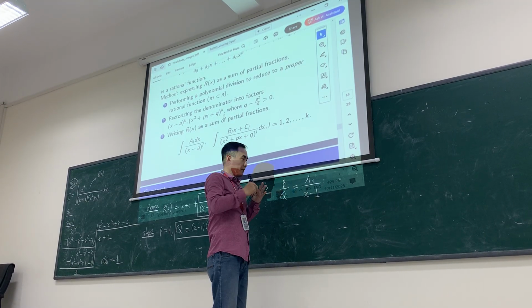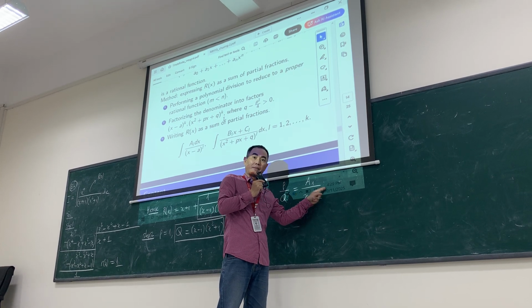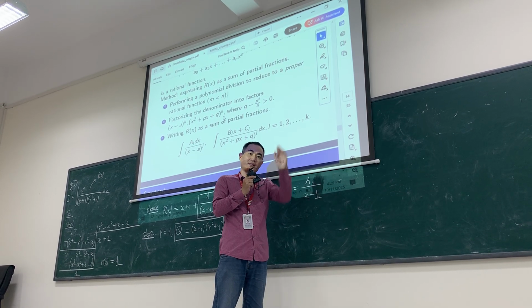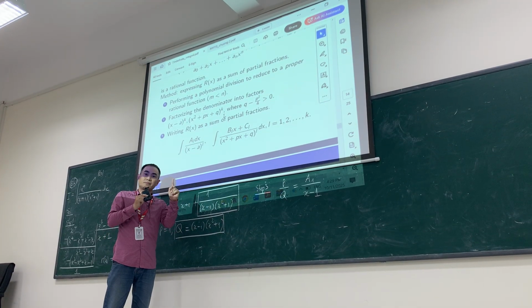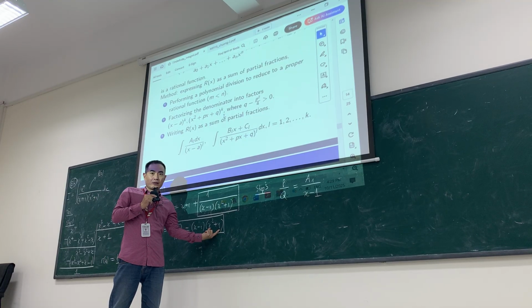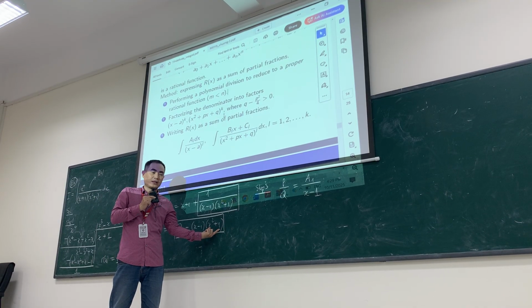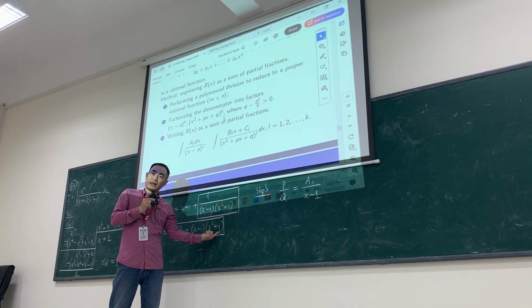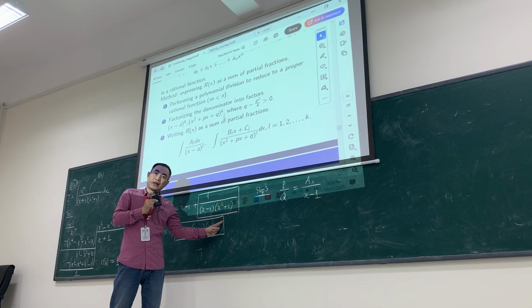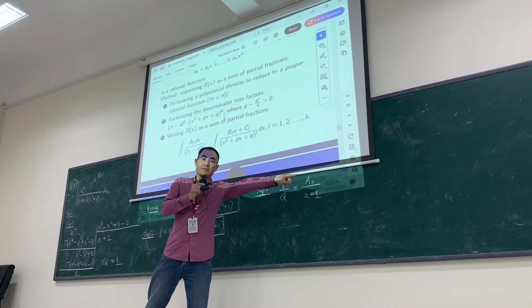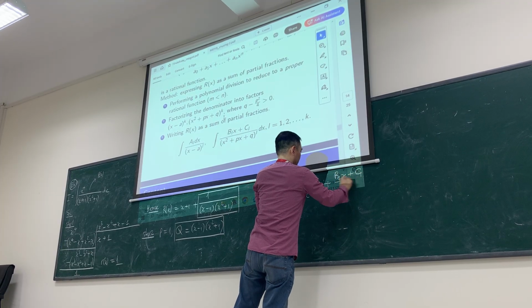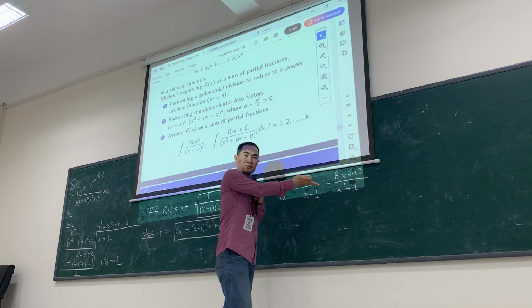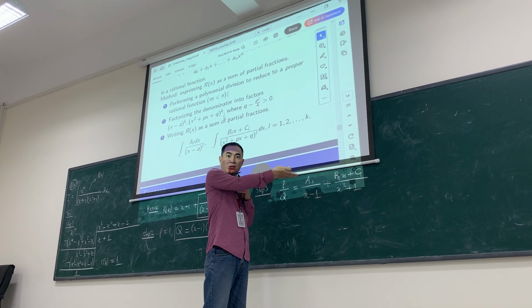Only A1, because the power is 1; it's not A2 and not A3. Next, the quadratic factor has no real solution, with power 1. The corresponding partial fraction is (b1 x plus c1) over x squared plus 1.